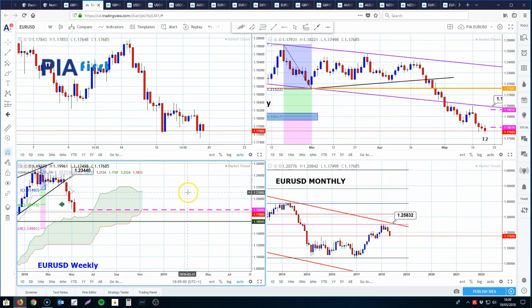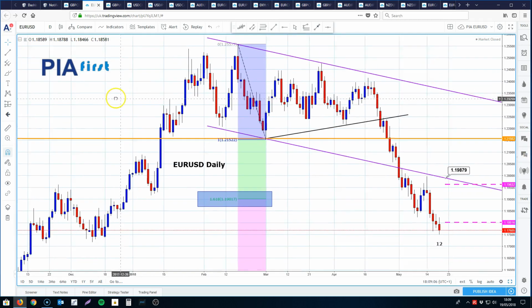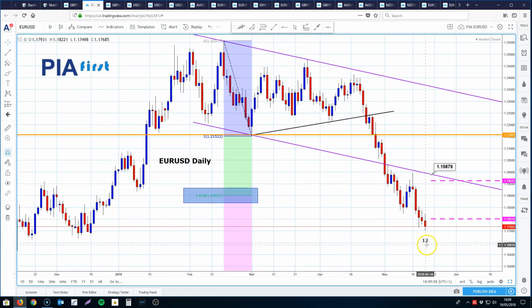However, and that's probably the favourite word for technical analysts, we have got a 12 count on this daily chart here. A 13 count highlights exhaustion. So there is scope for this sell-off to stall and reverse before we get the next impulse move to the downside.